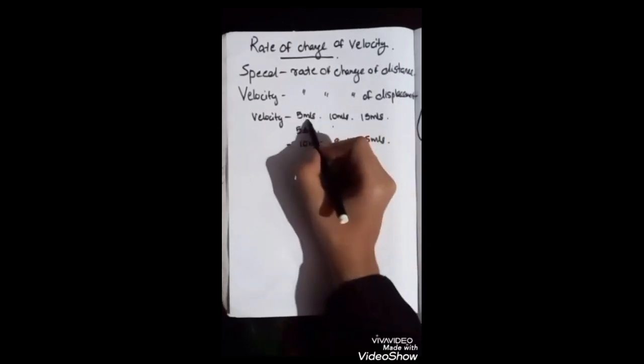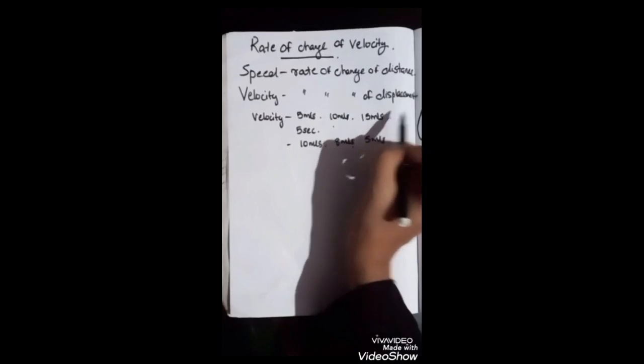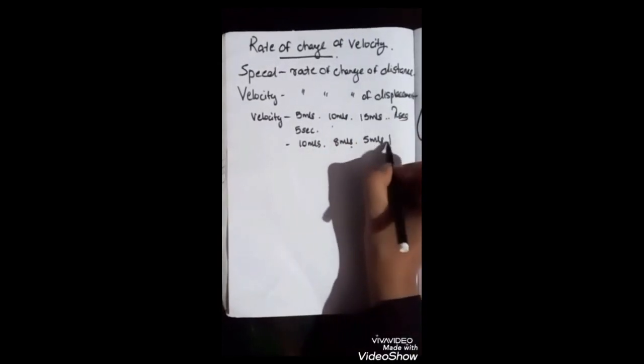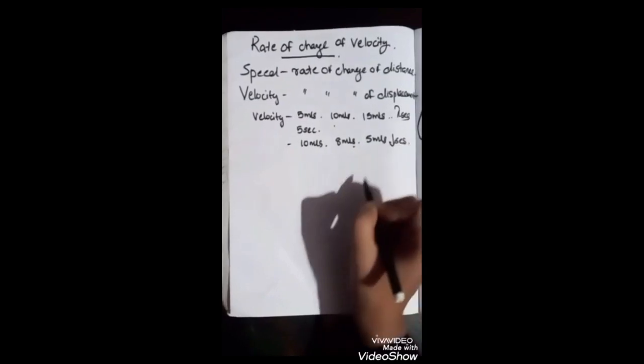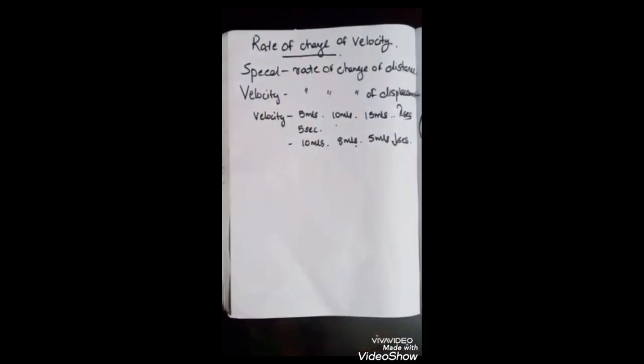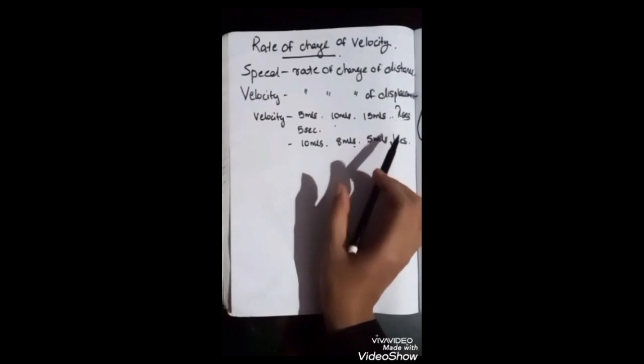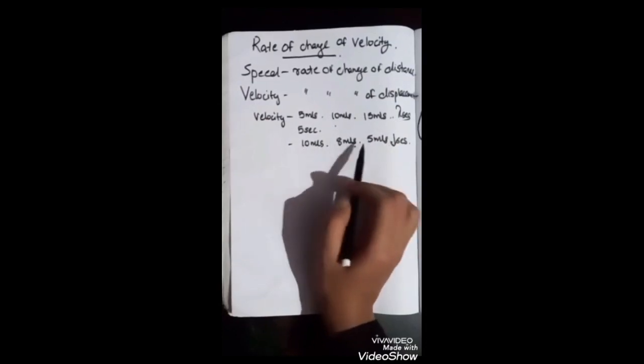That is, here the velocity of the object decreases as the time passes. The velocity of a body increases or decreases with time.